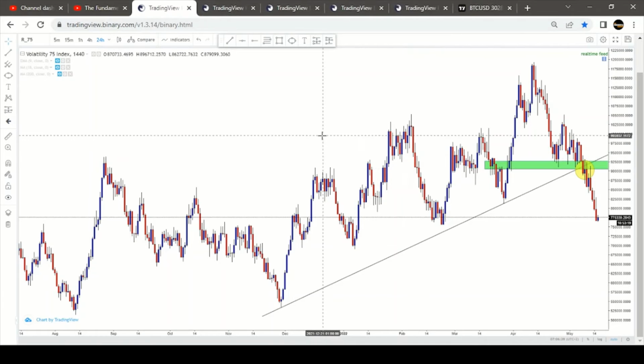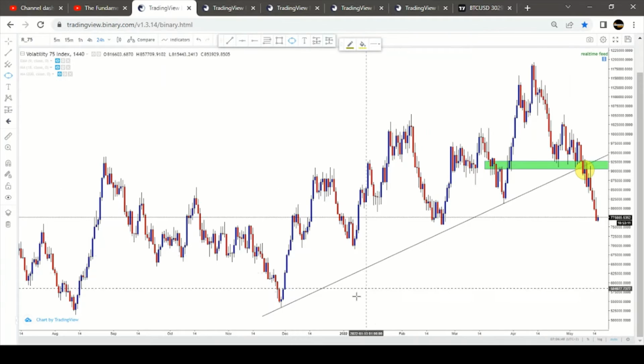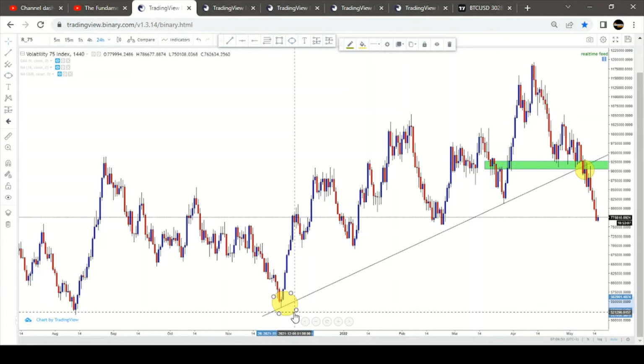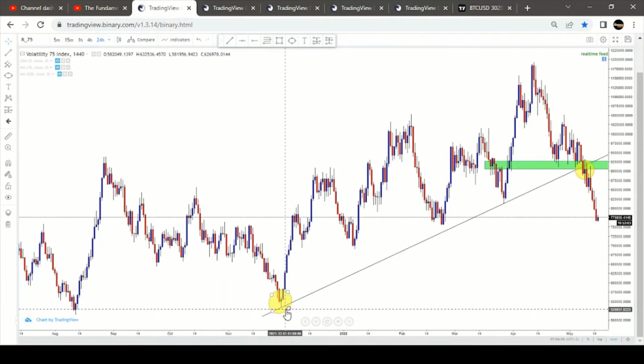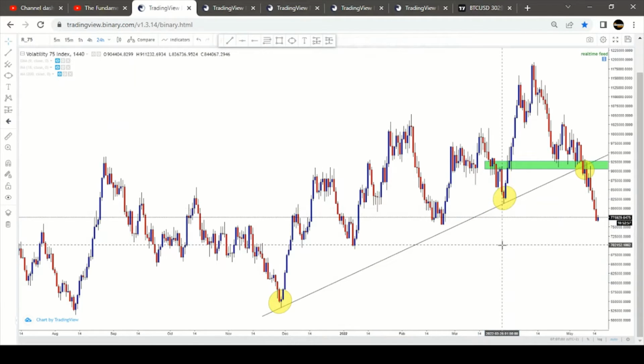This is the daily chart on Volatility 75, and what I want to show you guys is you can clearly see a bullish market here, and we've got touch number 1. And we've got touch number 2. In forex, we have a simple thing where we say you focus on the third touch.